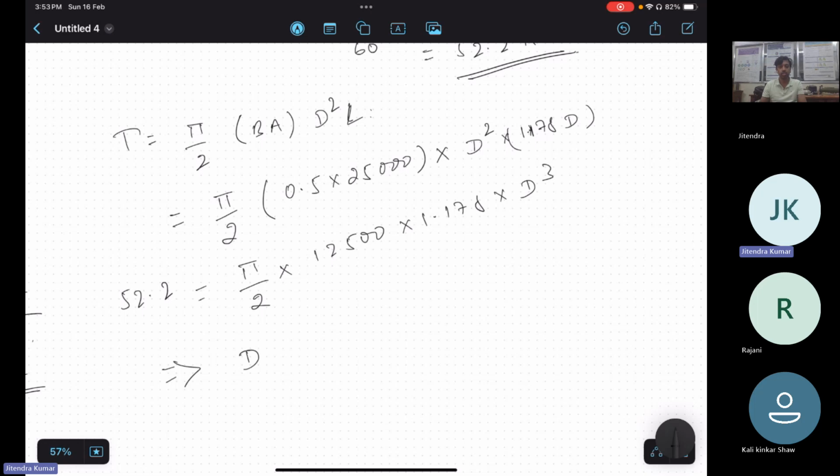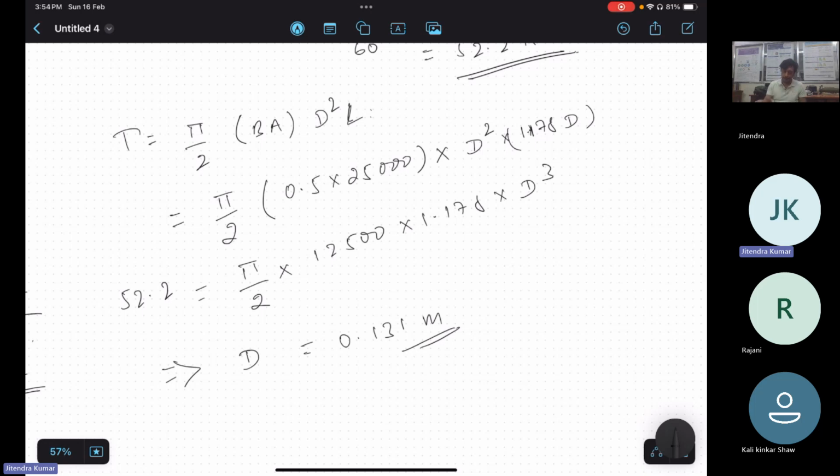From here we can calculate the value of D. 0.131 meters is the value of the diameter.